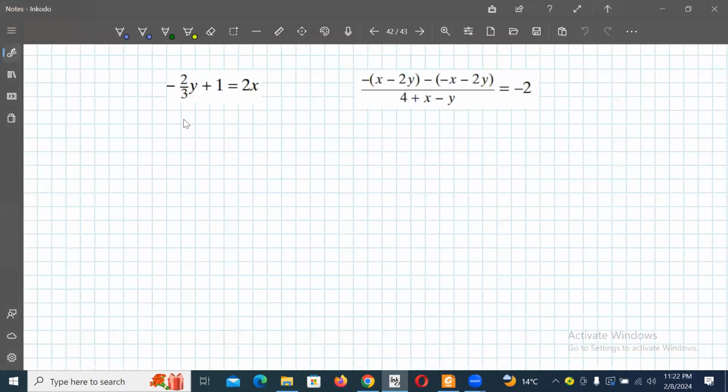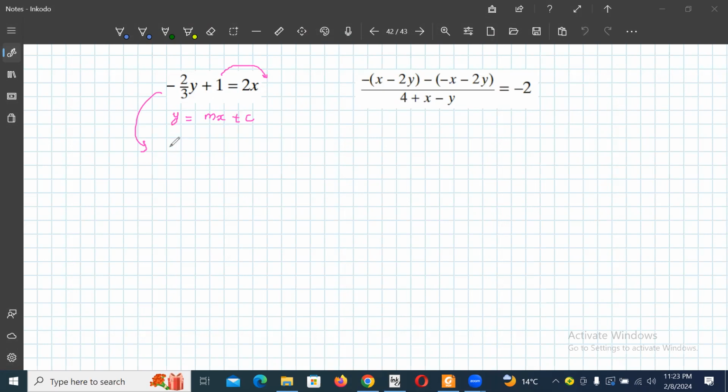For example, first we will check this question in the form y is equal to mx plus c. So this is our general form. Remember that in this form, y is the subject, so our goal is to make y the subject in this case. For that, I will first take one term to the other side of the equation.